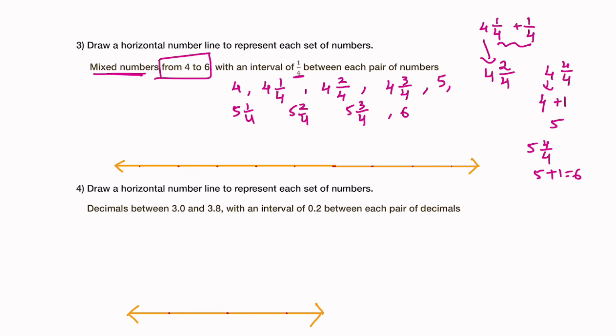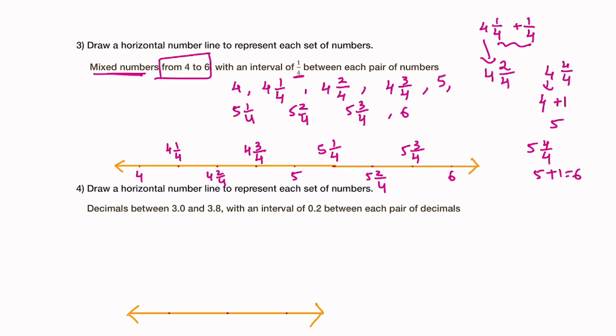So I already have my number line and I just need to write these numbers. That's 4, 4 1/4, 4 2/4, 4 3/4, 5, 5 1/4, 5 2/4, 5 3/4, and that's 6.